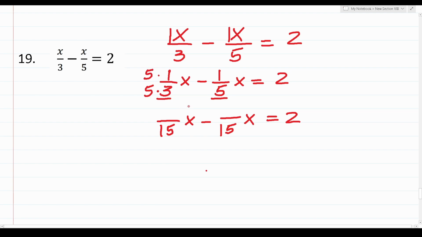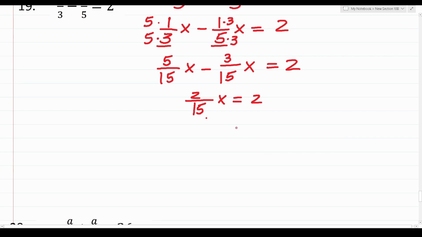Also going to have to do that to its numerator. 5 times 3 is 15. 5 times 1 is 5. To write 5 as 15, I would have to multiply it by 3. And I also have to do it to its numerator. 1 times 3 is 3. So this becomes 5 over 15x minus 3 over 15x. And now we can combine those. Again, we're just subtracting fractions here. So this is going to be 2 over 15x equals 2.